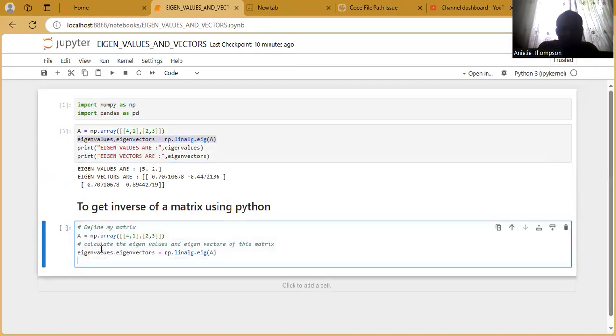The next thing I want to get here is to form a diagonal matrix D. I didn't really explain the theory behind this.